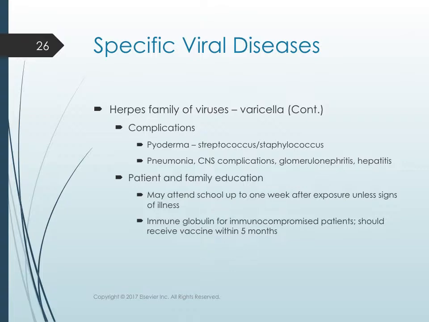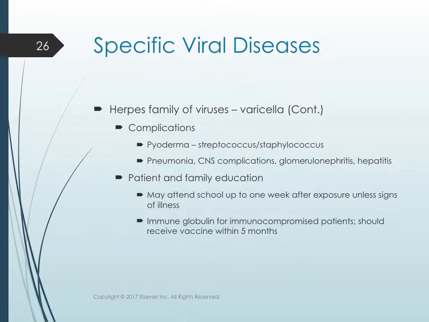There are complications associated with chickenpox, which is part of the reason that led to the development of a vaccine. Pyoderma, or what was known as flesh-eating bacteria, had been seen in children with chickenpox infection, as well as pneumonia, pneumonitis, encephalitis, and other infections.